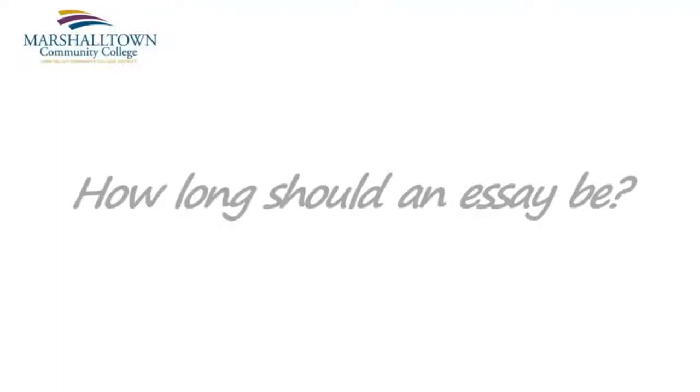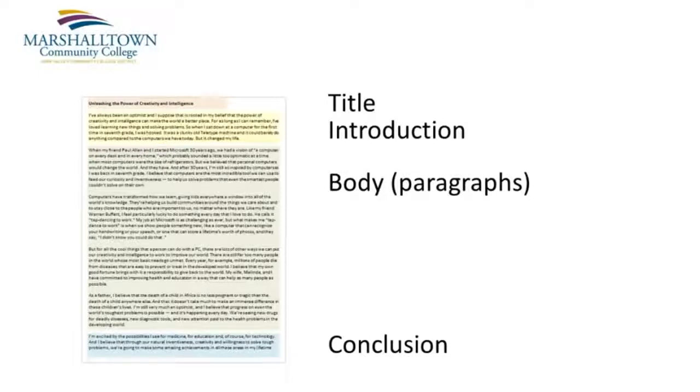However, in most English composition courses, you'll find that instructors are fairly specific about how long your essay should be for a given assignment. Here are a few guidelines to give you a rough idea of how long your essay should be for this course. Following the title, which can count as one sentence, the introduction paragraph should be approximately 4 to 5 sentences.